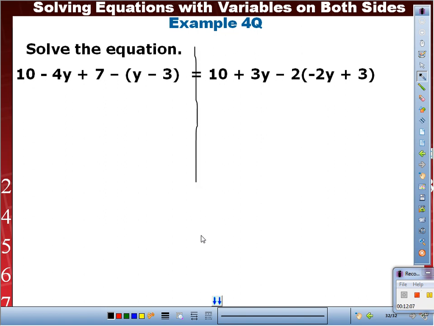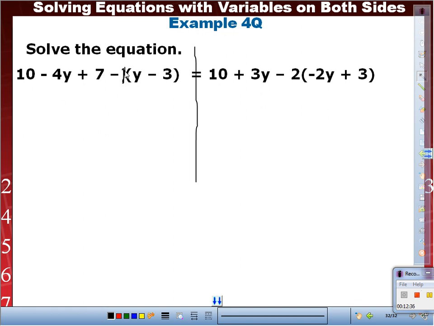There you go. Nate, tell me what to do on this one. Okay, so where do I start? Close. We need to get rid of parentheses, right?